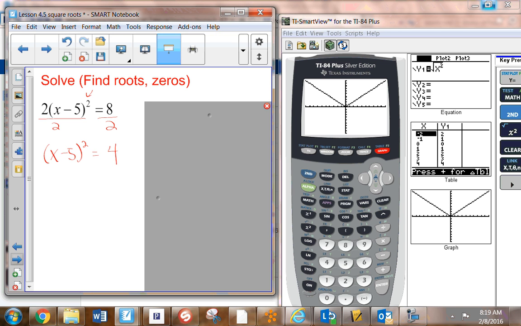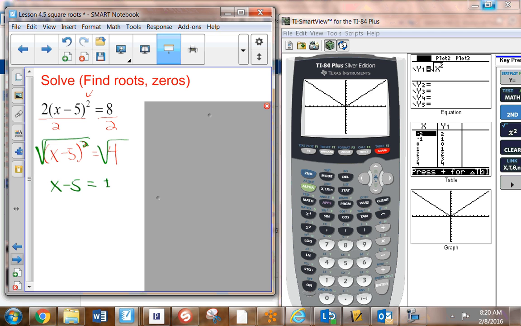Well, if this whole binomial is squared, then let's just take the square root of it, because a square root and a squared are opposite operations, like a plus and a minus. If I add something, subtract something, the same thing, I get back where I started. So by square rooting a square, the x minus 5 just falls out.